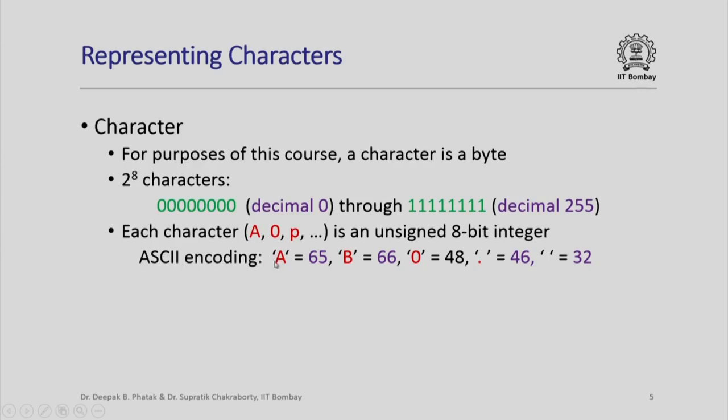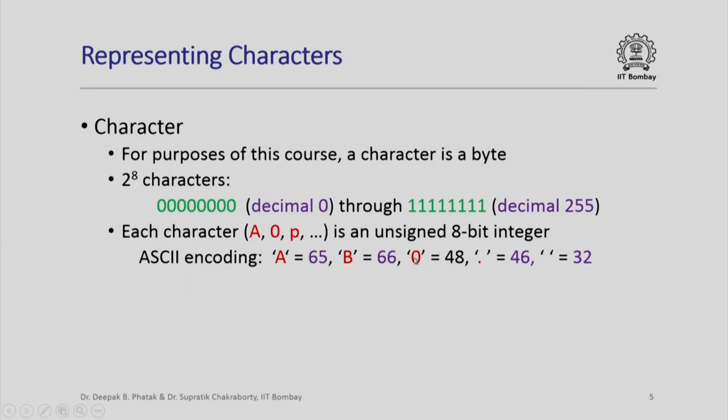For example, uppercase A is denoted by the unsigned 8-bit integer 65 in decimal, uppercase B is 66 in decimal. The number 0, or rather the character 0, is represented by the decimal number 48.